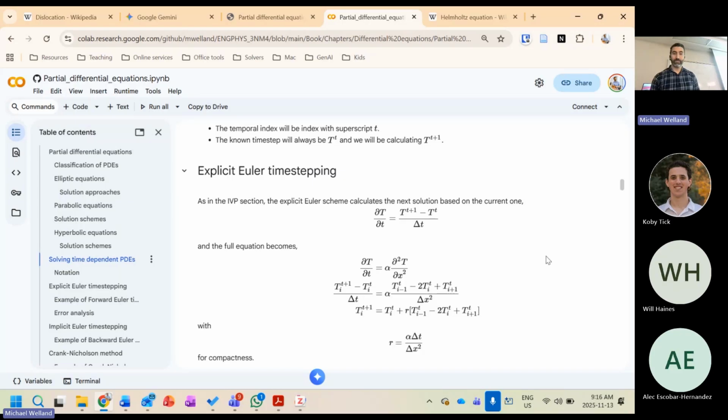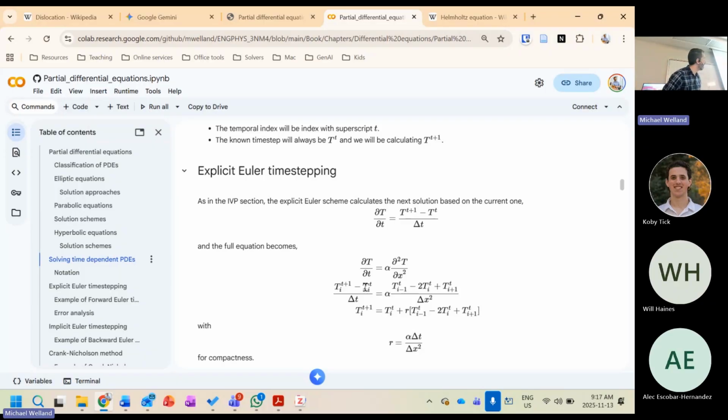What does that mean? For the initial value problem, explicit Euler says that dT/dt is equal to this: final minus initial over your step. Then we're going to plop this into this equation, dT/dt, T at t plus 1.